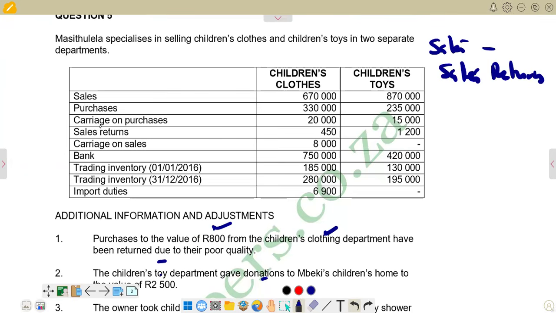You'd see that for clothes, we have got sales of 670,000, and then we have got sales returns of 450. So you also have to check through the additional information if you've got any additional sales returns that we have for clothing.